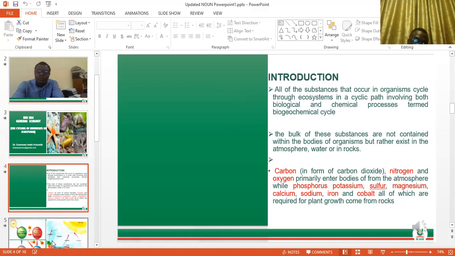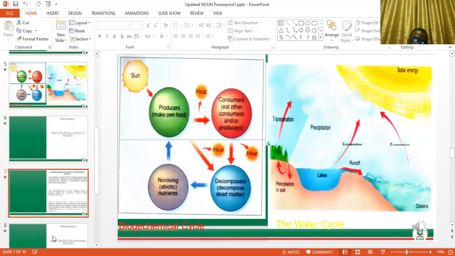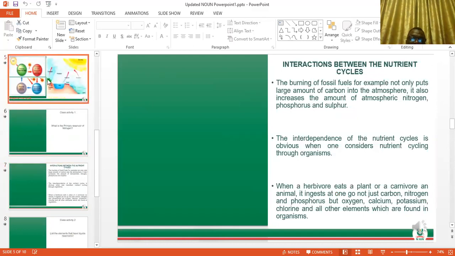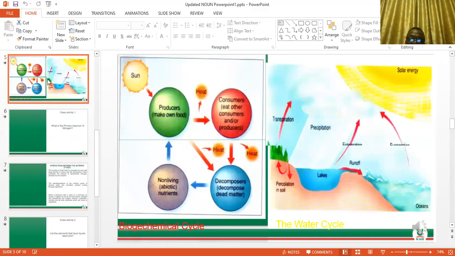So we had a chart that showed us the biochemical processes where you have the primary producer, the consumer, the decomposer, and the non-living abiotic nutrients, as we can see in the chart.